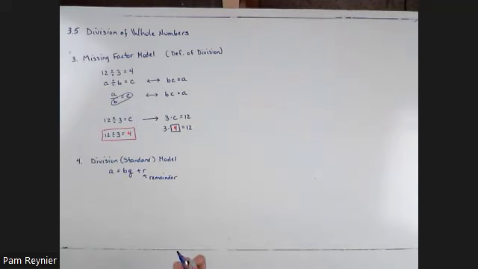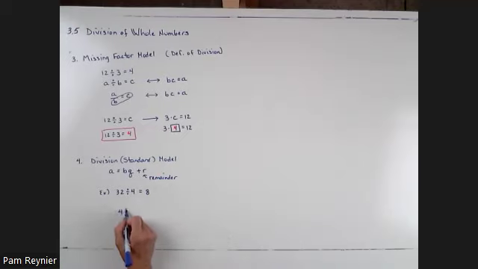So for example, I like to start with what we know. Let's start with 32 divided by 4. How many 4s can we subtract from 32? How many groups of 4? You and I know, because we know our multiplication tables, 32 divided by 4 is 8. And there's no remainder.